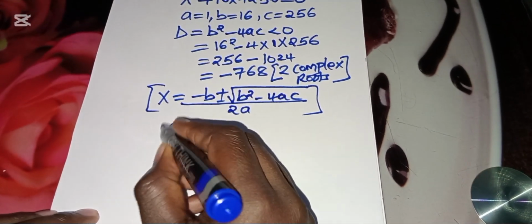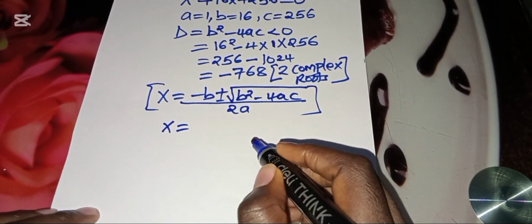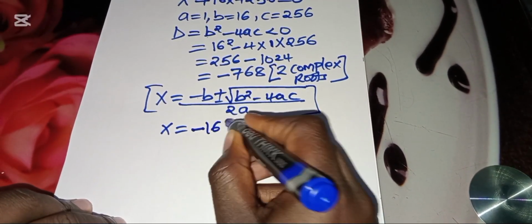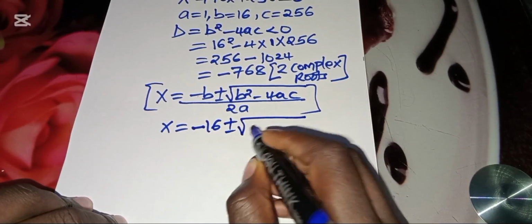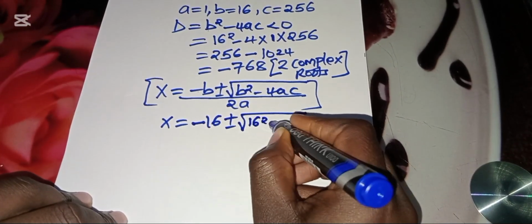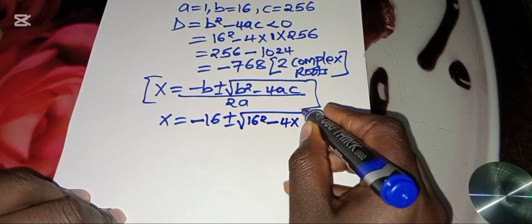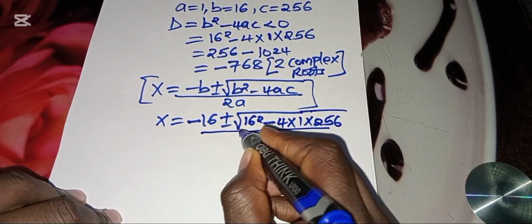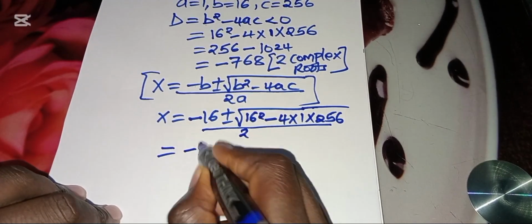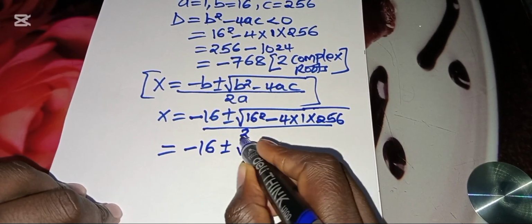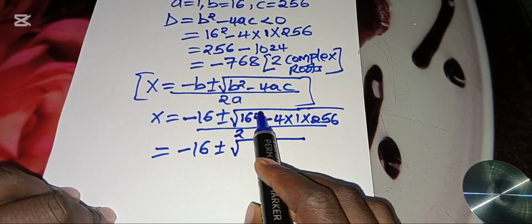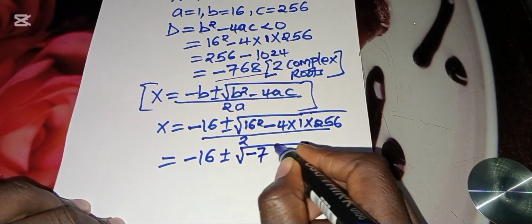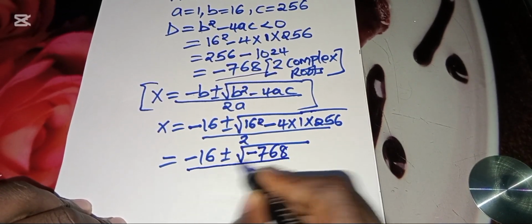We have b equal to 16, so we'll have negative 16 plus or minus the square root of 16 squared minus 4 times 1 times 256, divide everything by 2. Actually, the value under the root is the discriminant, which is equal to negative 768, divided by 2.